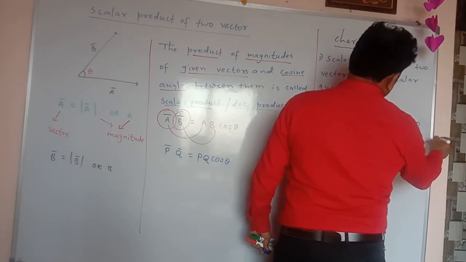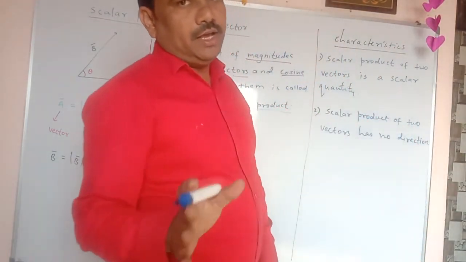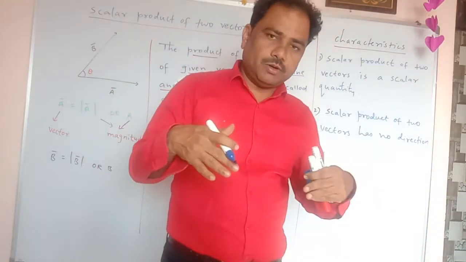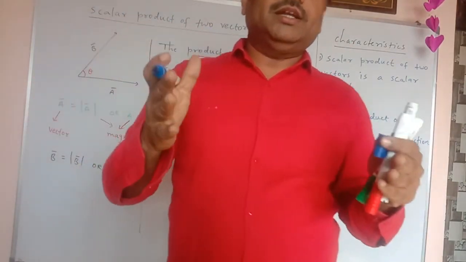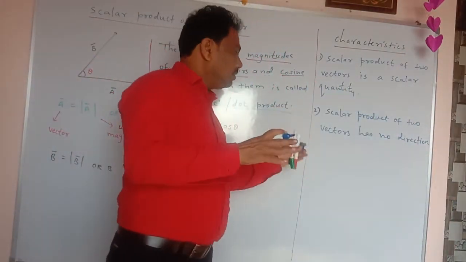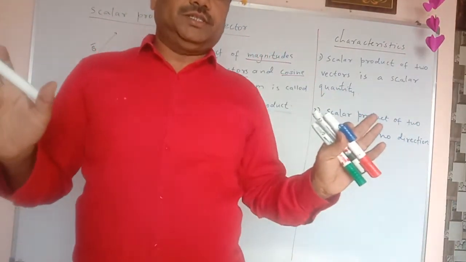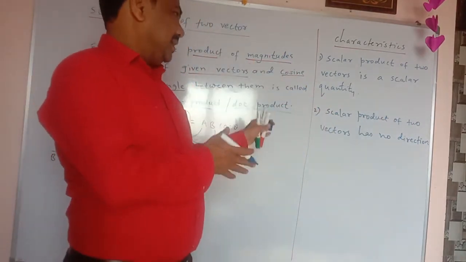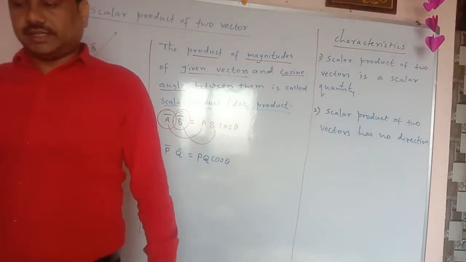Definitely they do not have any direction. Why? Because whatever the dot product of given vectors may be, that dot product must be a scalar quantity. It means they do not require any type of direction. So this is the meaning of the second characteristic and the first characteristic.